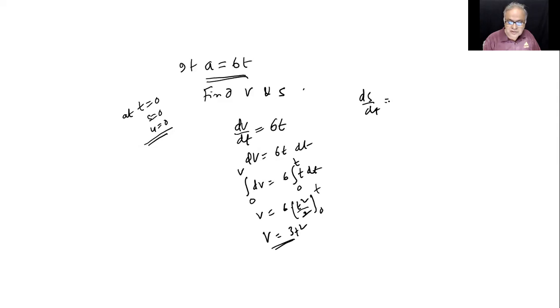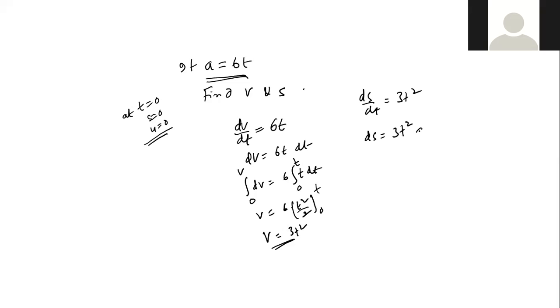Then the second derivative? No, second derivative should not. Second derivative of what? A is equal to 60. Okay, we'll go backwards, so we call it second derivative anyway. So ds equals 3t squared dt.